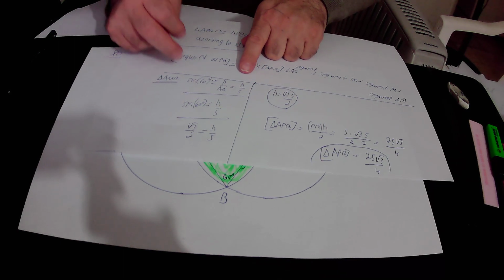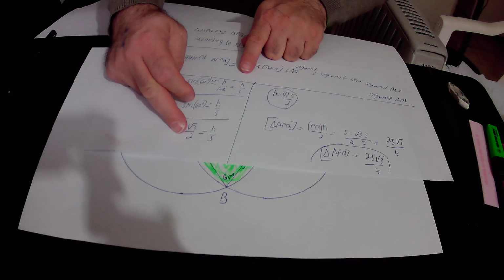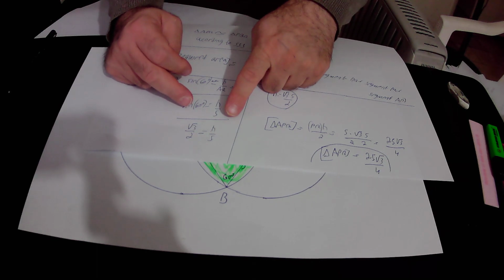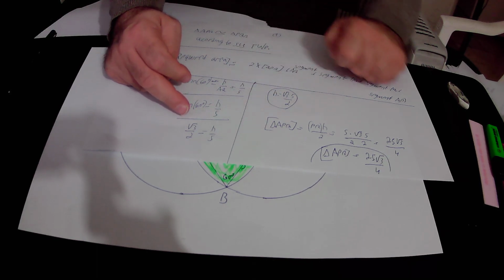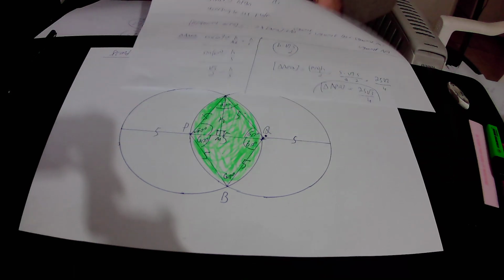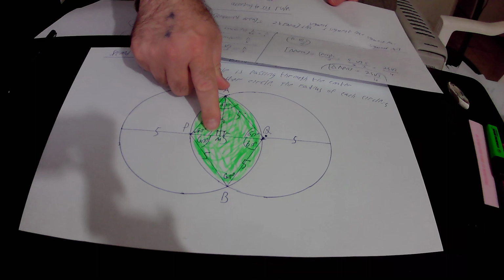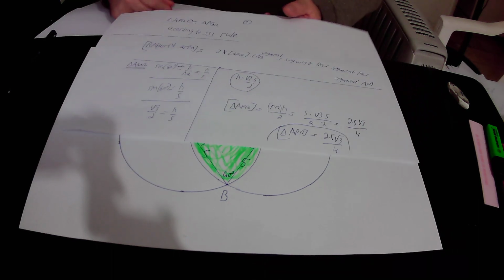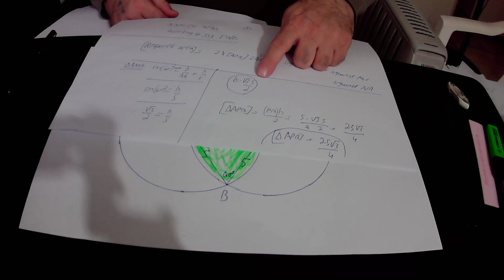And sine 60 degrees is equal to square root of 3 over 2. So it equals h over 5. We multiplied this equation by 5 and we got that h, that is AM, equals square root of 3 times 5 over 2.